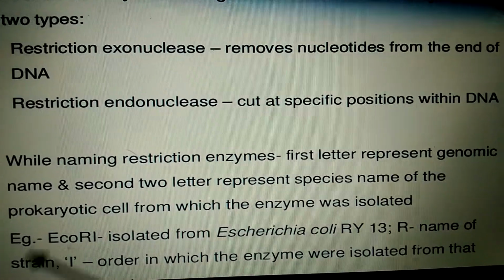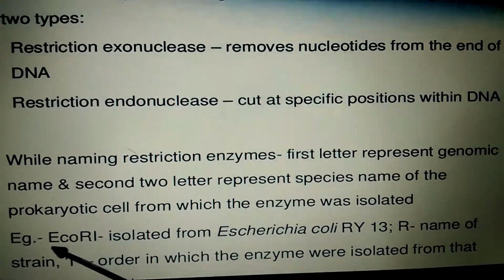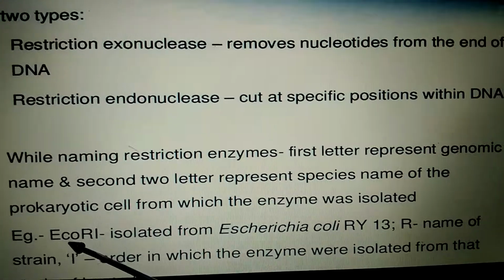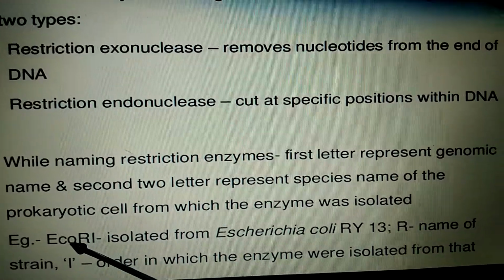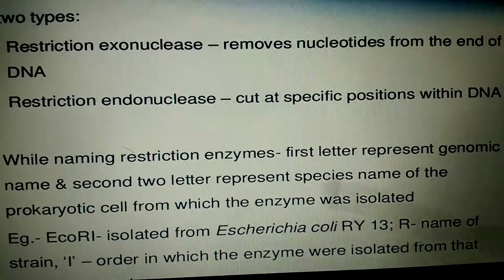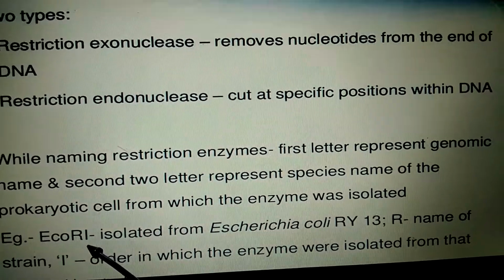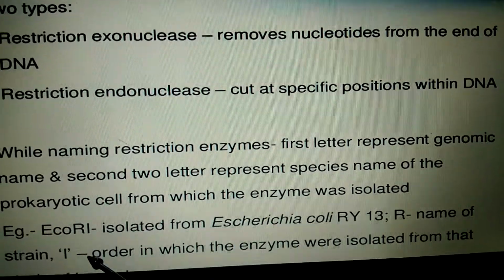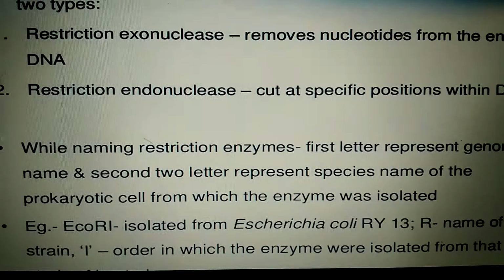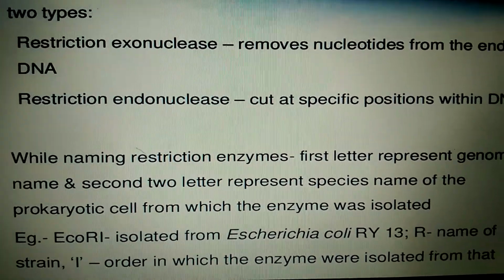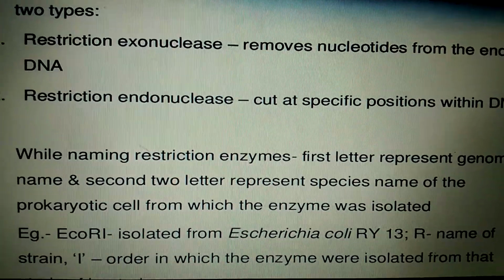For example, EcoRI. E means Escherichia, co means the species name coli, R is the strain, and I is the order in which the enzyme has been isolated from that prokaryotic cell, the E. coli cell.